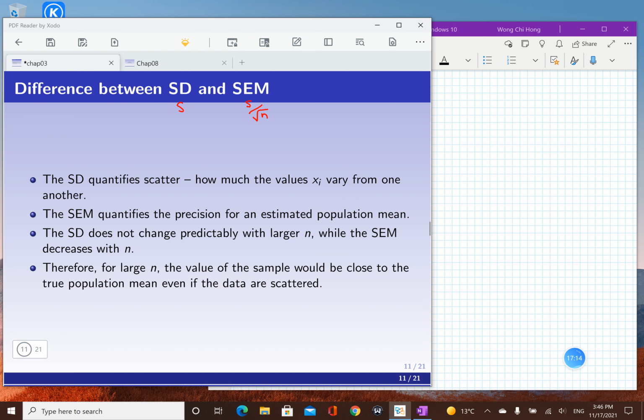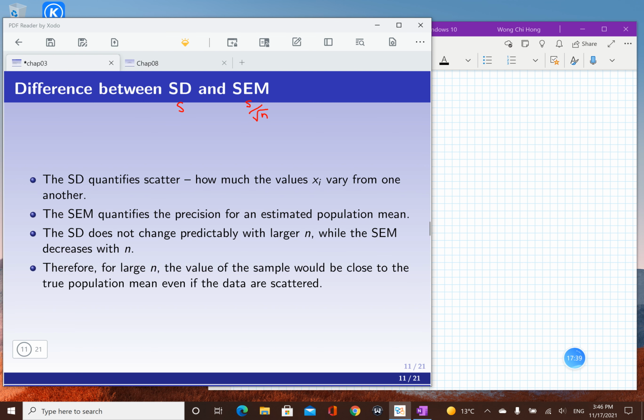The standard deviation S, the sample standard deviation, tells you what happened to your data values x1, x2, x3, how far away they are from each other, how far they are spreading. You have got your 100 numbers for your data from the sample.